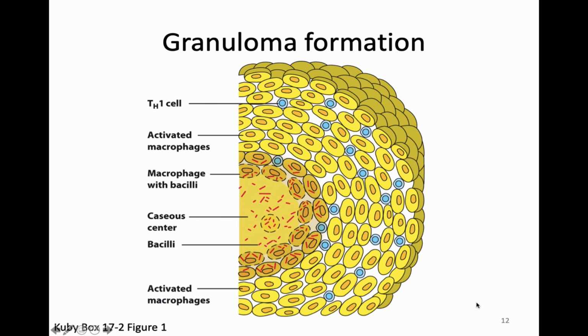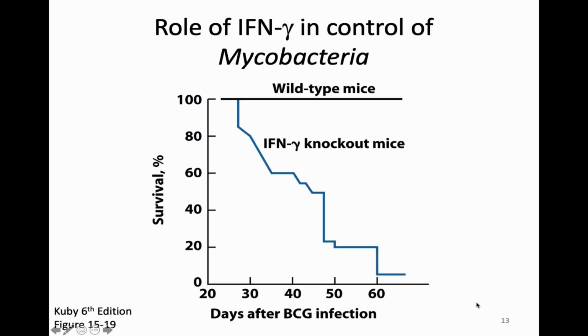Right now, if you have a granuloma, that means your Th1 cells are doing a good job of controlling the mycobacterium, but later on, you might be able to spread mycobacteria to others. You can also see the important role of the interferon gamma that is made by Th1 cells in controlling mycobacteria here. In this experiment, scientists infected mice with mycobacteria.